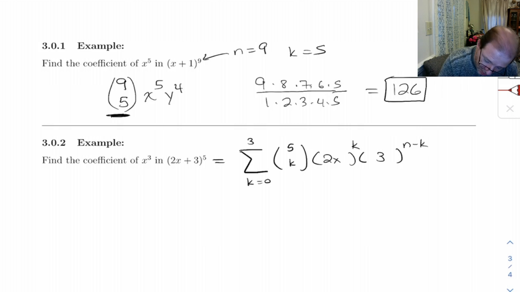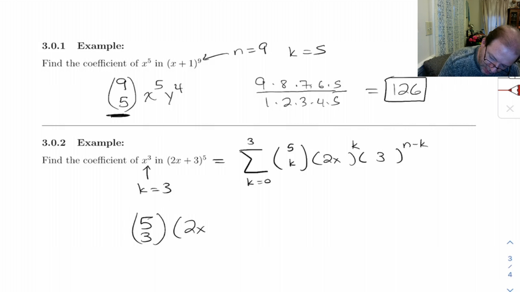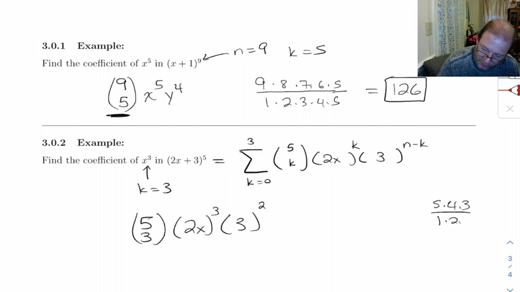What I'm interested in here is when k equals 3, because we're only asking about the coefficient of x cubed. So if k equals 3, we've got 5 choose 3 times (2x) to the 3rd times 3 to the n minus k, so times 3 squared. 5 choose 3, I'll do that on the side: 5 times 4 times 3 over 1 times 2 times 3.